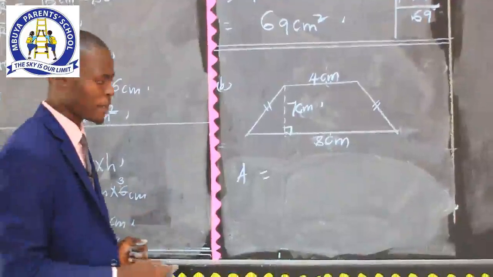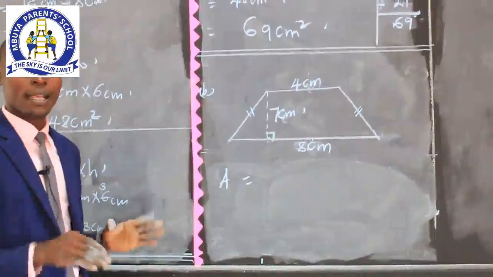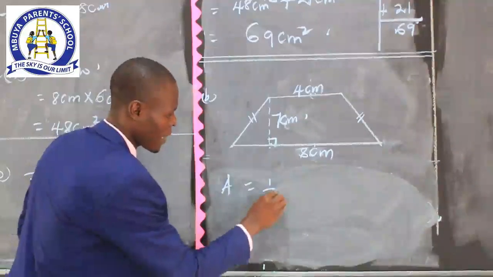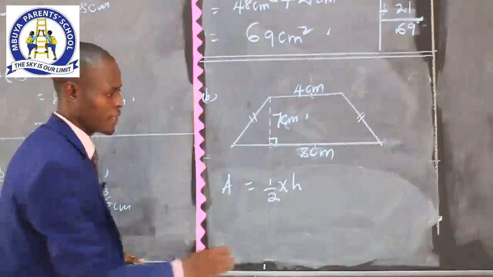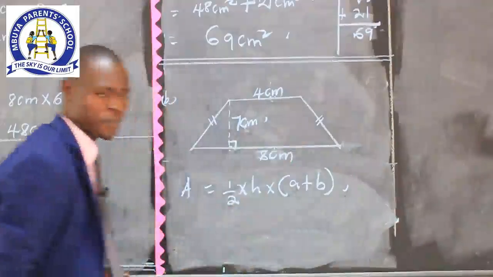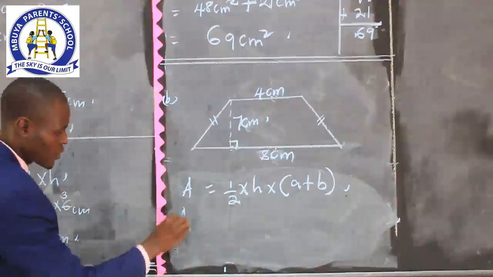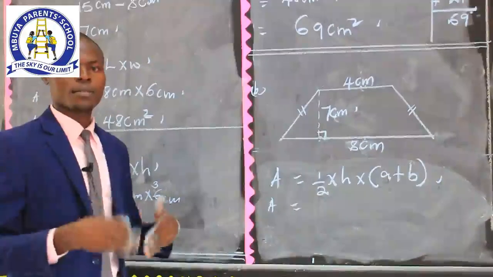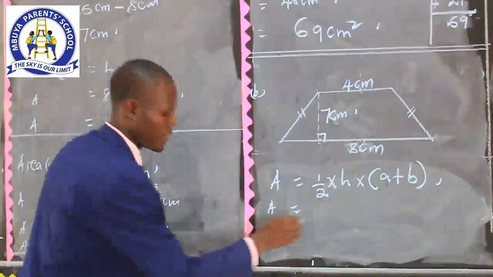Which figure? A trapezium. It's very important, before you start, to identify the figure that you're dealing with. It is given by the formula: a half times height times the sum of A and B. Hope you are with me. Let's continue together. Having stated the formula, class, the second step is now substituting in what you have.